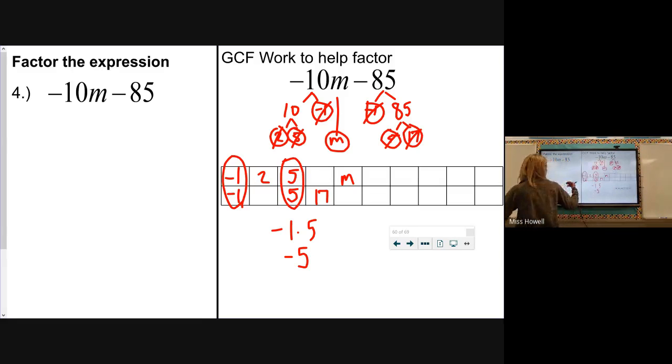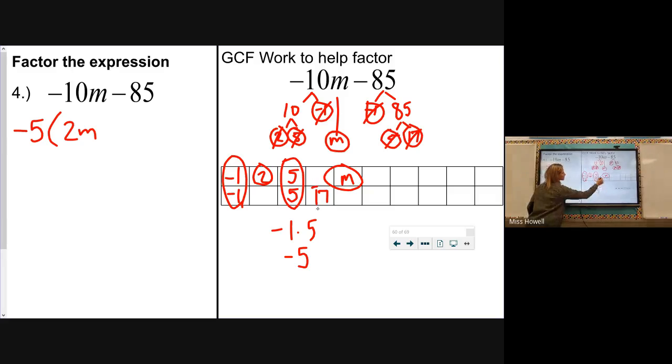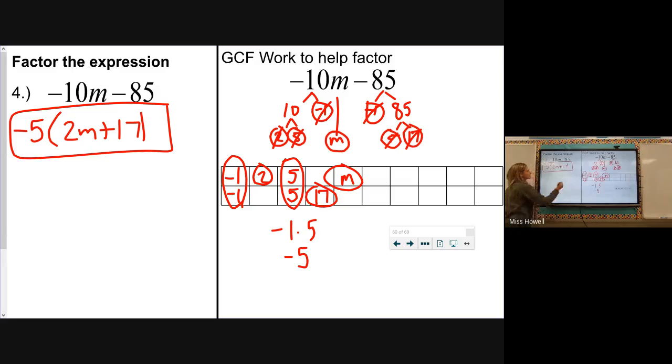Or the biggest thing that they both have in common is they both have a negative in common, and they both have a factor of 5. All right, so -5. All right, leftovers. 2 times M. And positive 17. So plus 17. Factored completely. All right, that's parentheses. All right, -5 times a 2M plus 17.